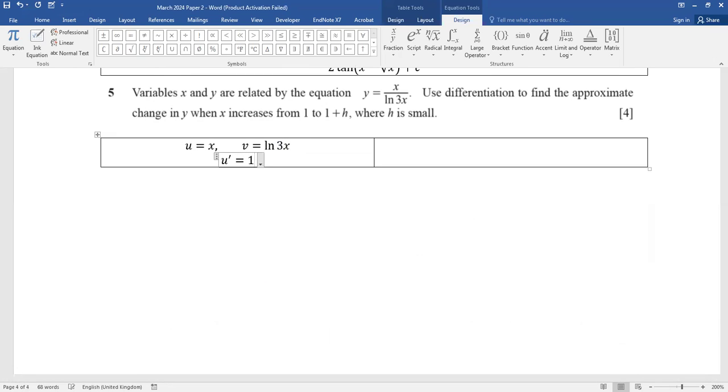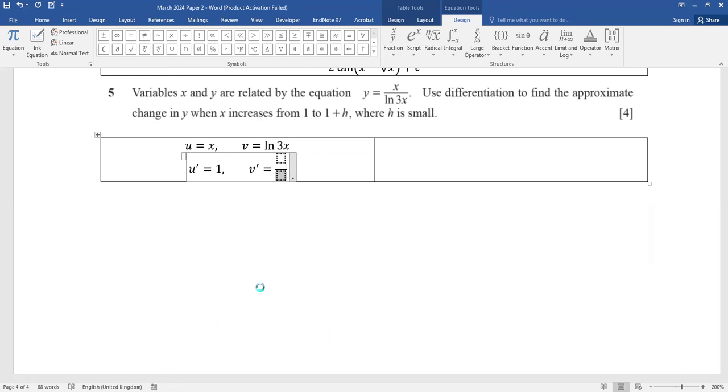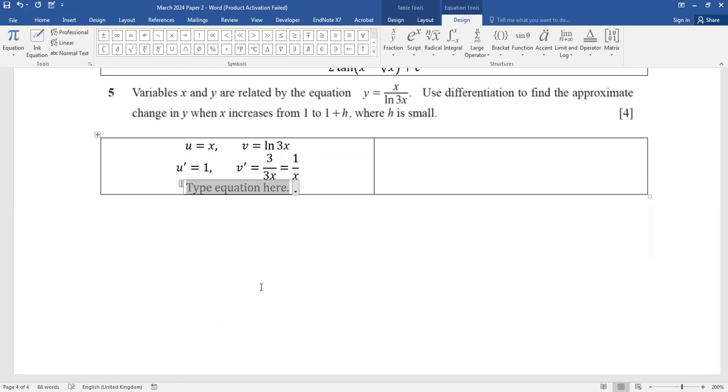The derivative of u is 1. The derivative of v is 3x in the denominator, the derivative of 3x in the numerator, which is 1 upon x.